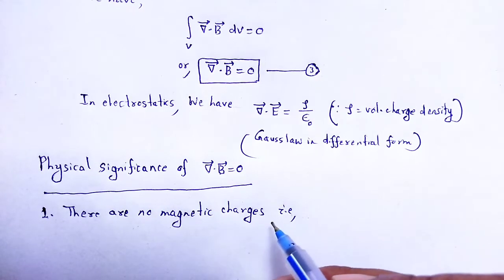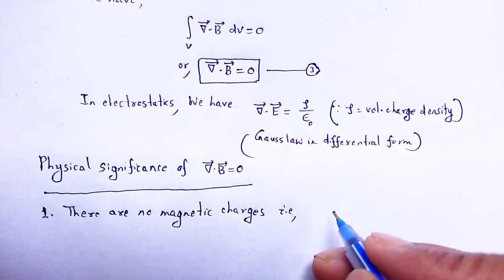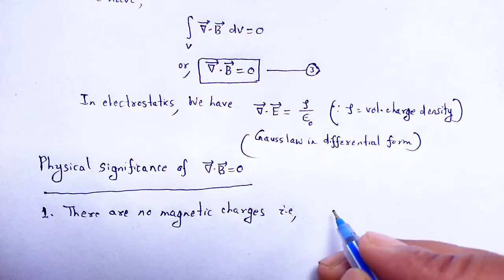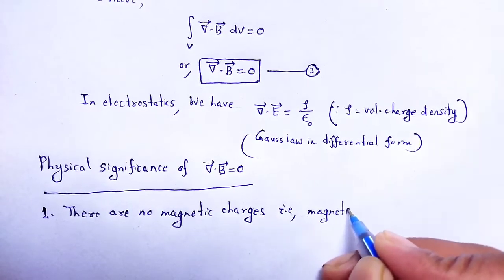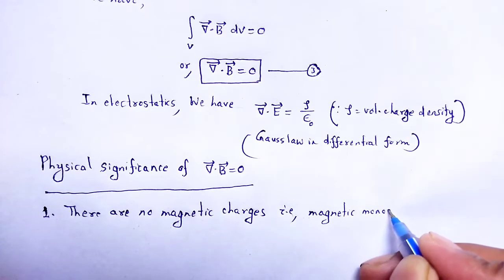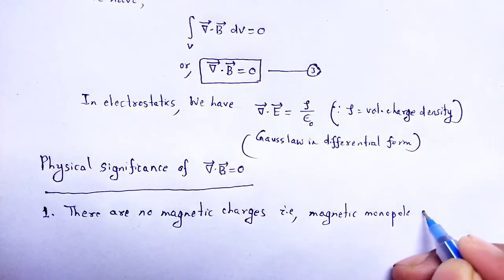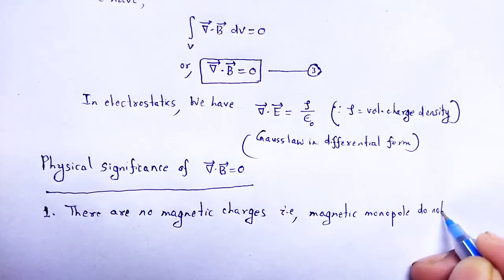There is no magnetic charge, means magnetic monopoles do not exist.